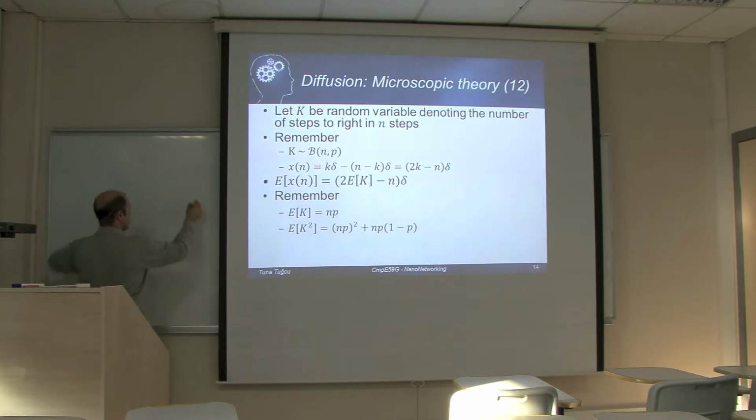Is that right? Multiplied by delta squared. Am I right? And sorry, since the left-hand side is an expected value, you should be taking the expected value of this. And that would be what?